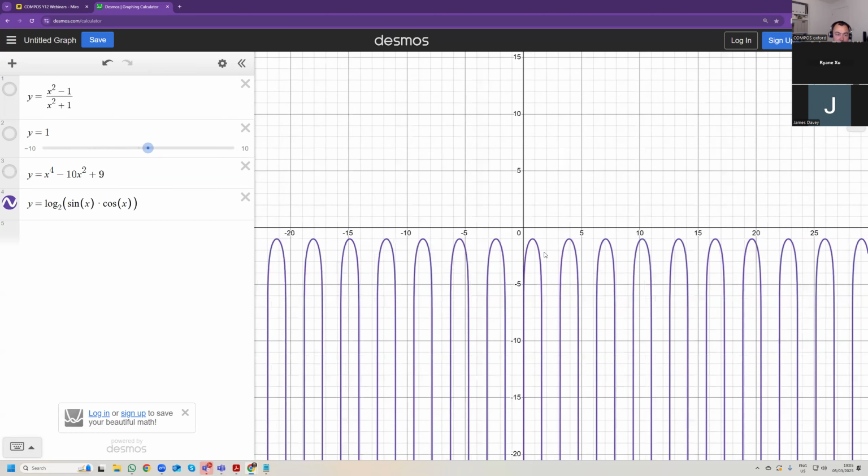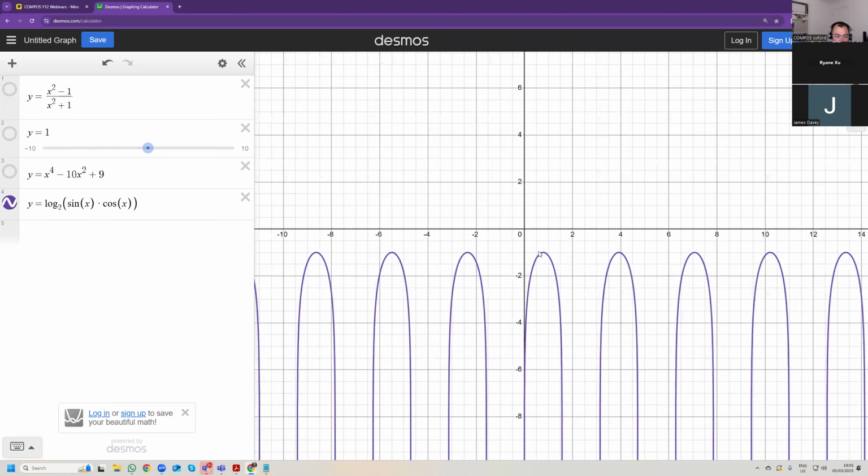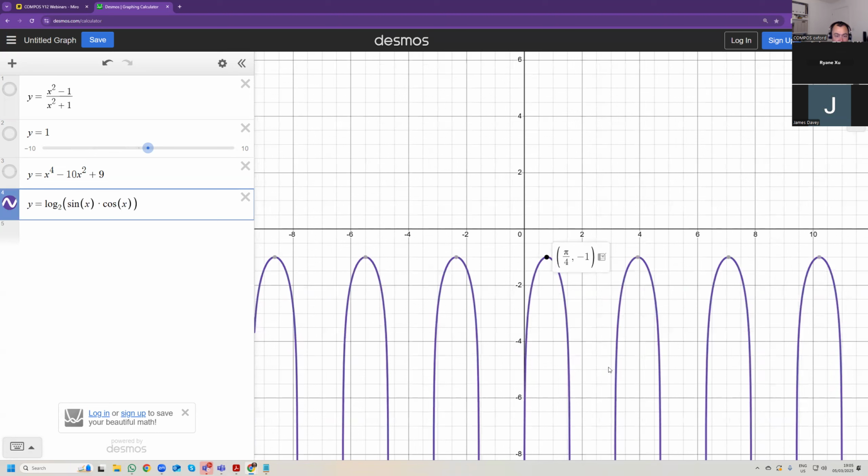Ah, it is. So pi over 4 minus 1, 5 pi over 4 minus 1, etc.